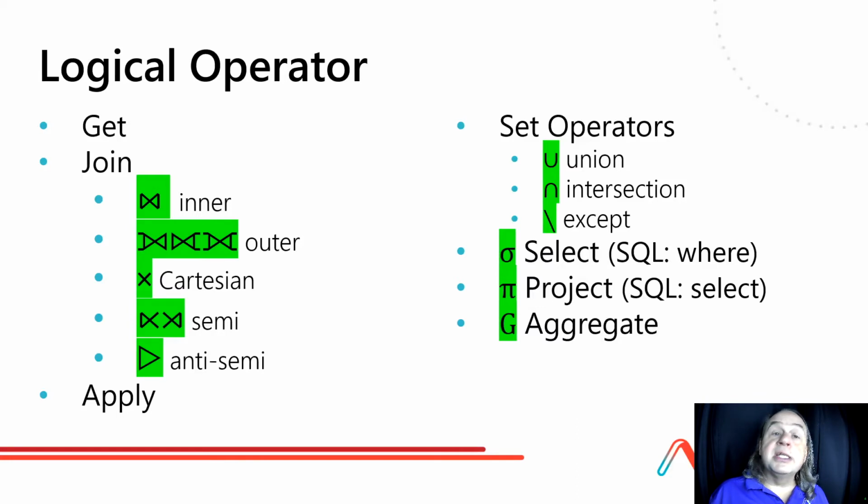An anti-semi-join is kind of the opposite. Somebody comes to us and says, give me a list of all of the customers who have never placed an order with us. Well, we could say something like select customer ID, customer first name, last name from customer where not exists, and then in a subselect select distinct customer ID from order. And that will give us a list of our customers who have not placed an order.